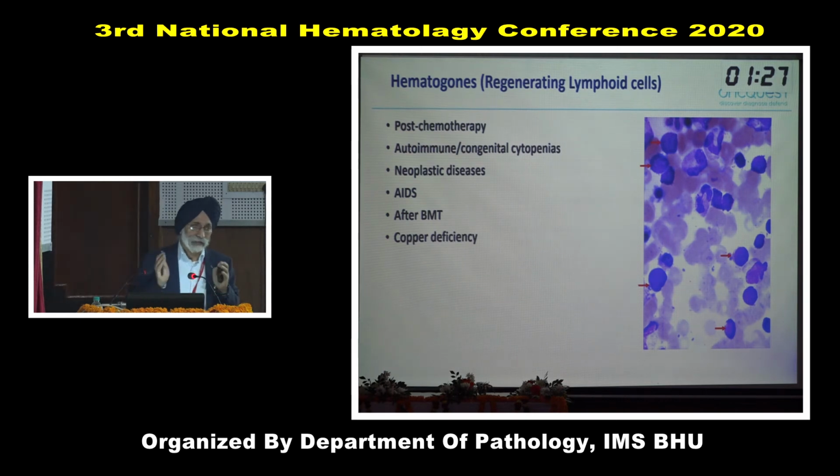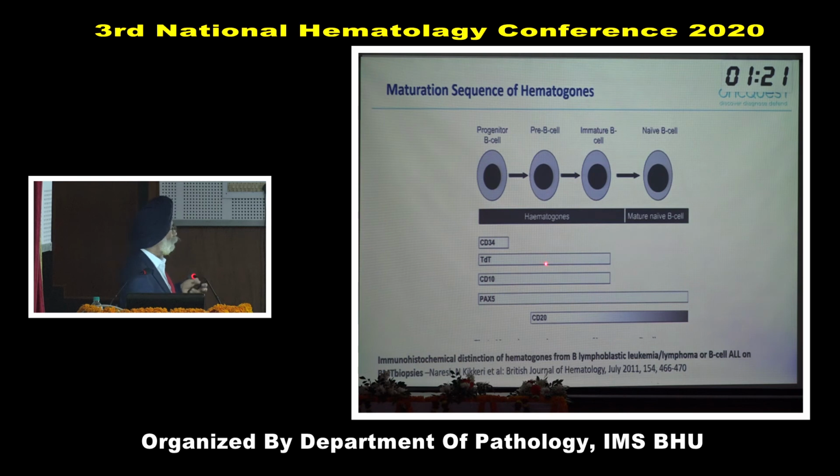So you have to distinguish them from blast cells. Once you distinguish them from blast cells, post chemotherapy, especially in ALL cases, you come across the hematogones. Hematogones can be picked up very easily on flow cytometry because of the variable expression of CD34, TdT, CD10, PAX5.